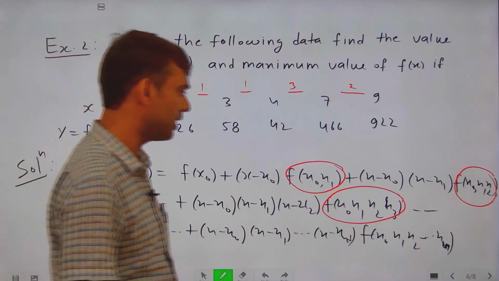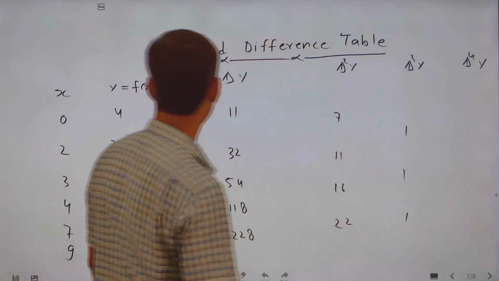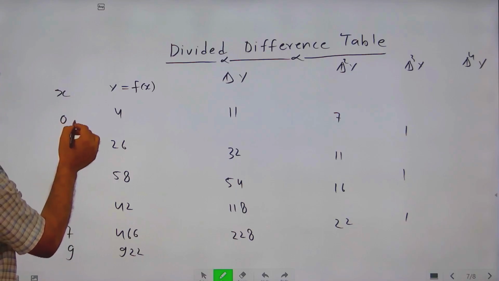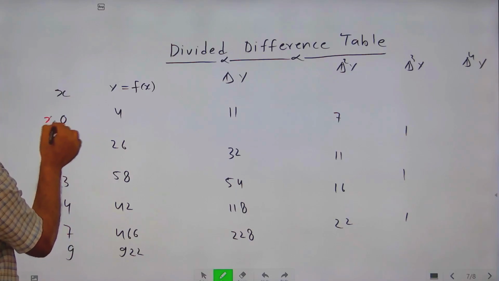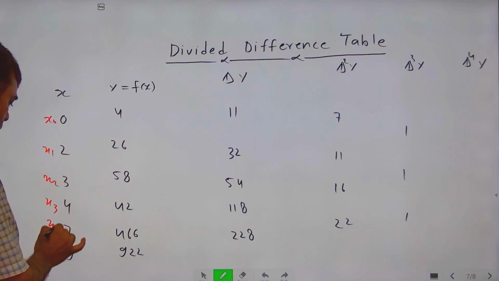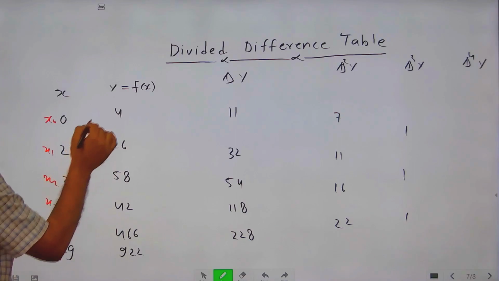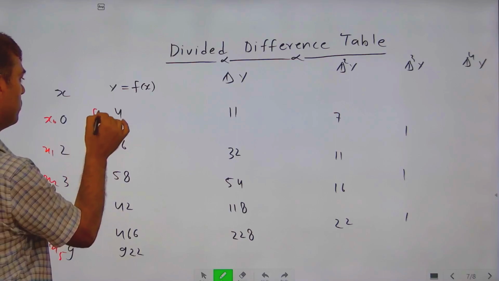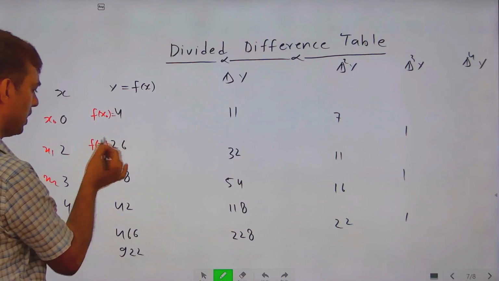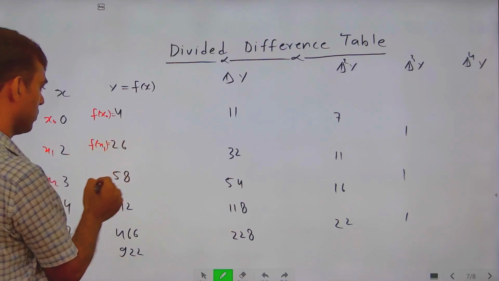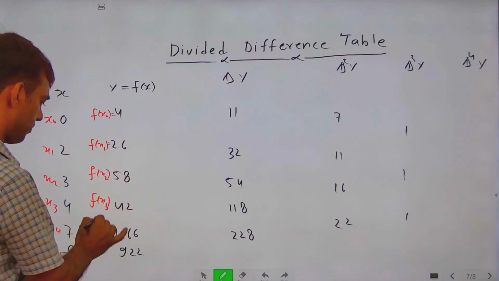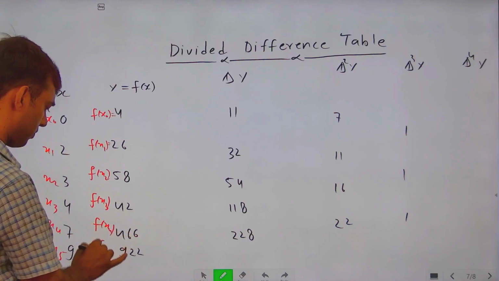To save time, we have already constructed the table. The data is given: x0, x1, x2, x3, x4, x5 and the values f(x0), f(x1), f(x2), f(x3), f(x4), f(x5).